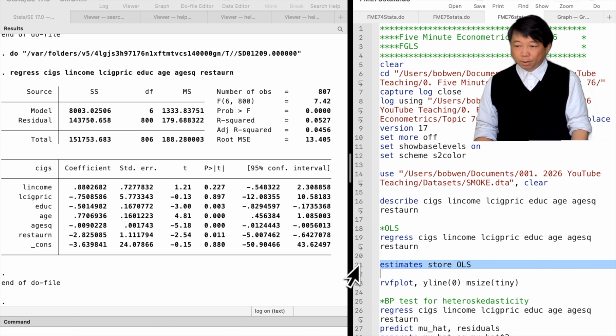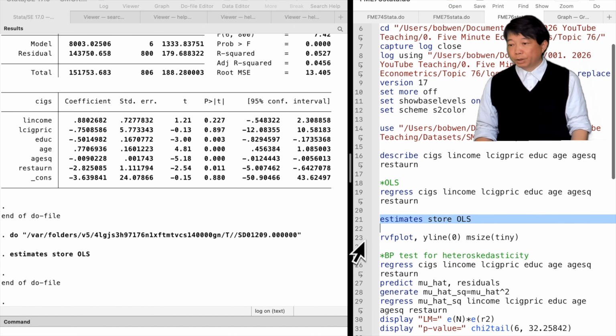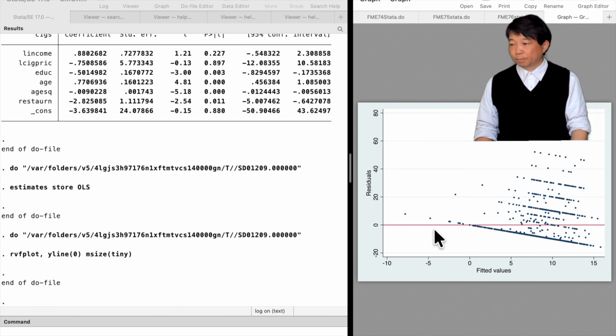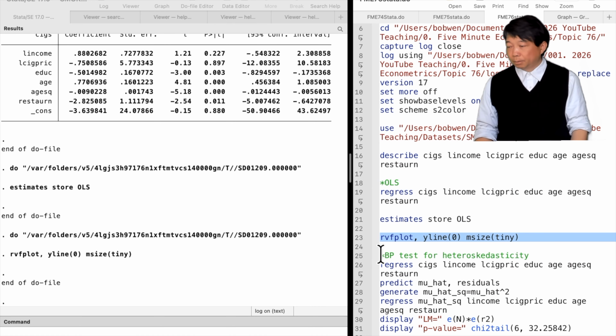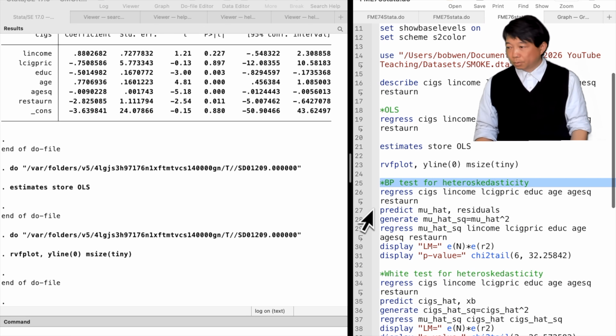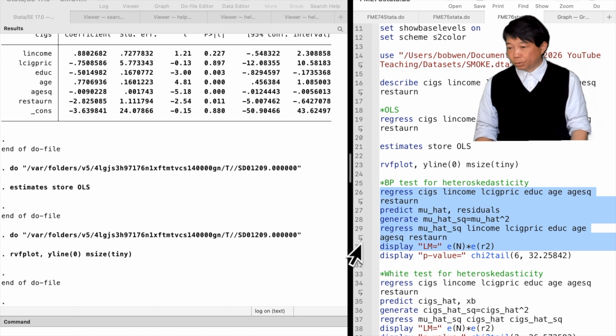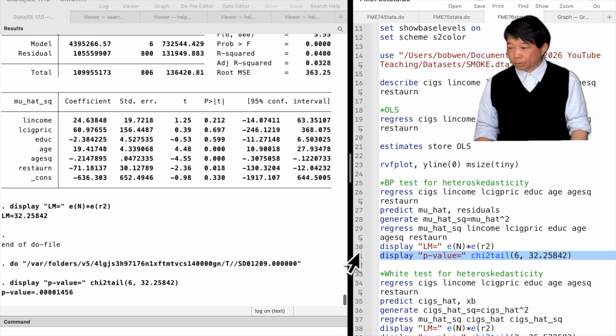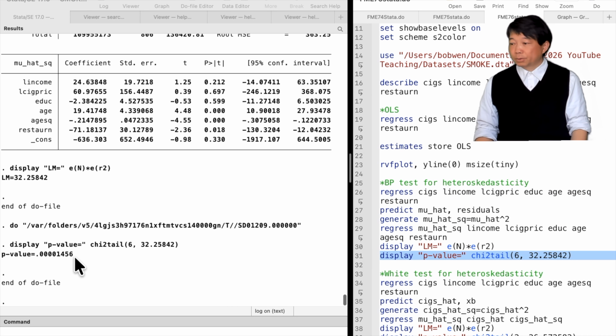The plots of residuals versus fitted values show patterns of heteroskedasticity. In the Breusch-Pagan BP test, we regress the squared residuals on all explanatory variables and obtain an LM statistic of 32.26. The p-value is 0 to 4 decimal places.